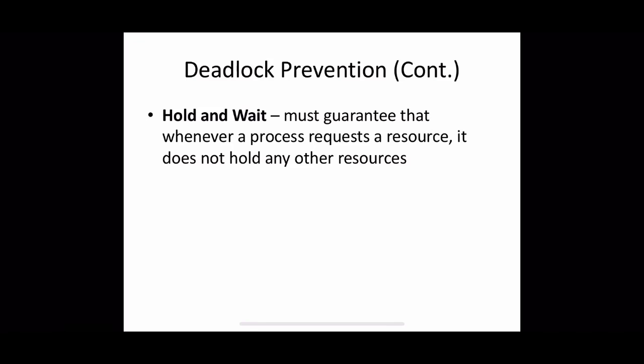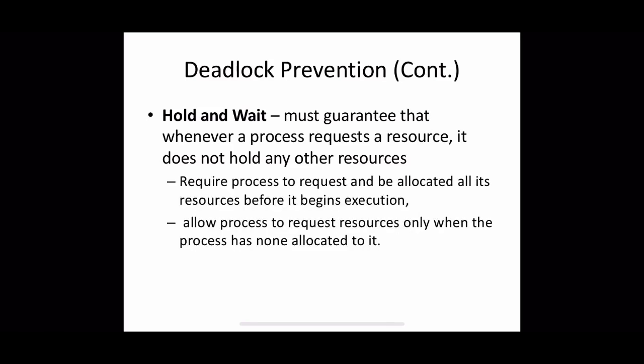And the second one is that during the execution of a process, it can acquire a resource, but only when it has none. That is, if the process wants to request a new resource during its execution, it should release all the resources in hand, and again start requesting all the resources it requires. This is the second protocol.